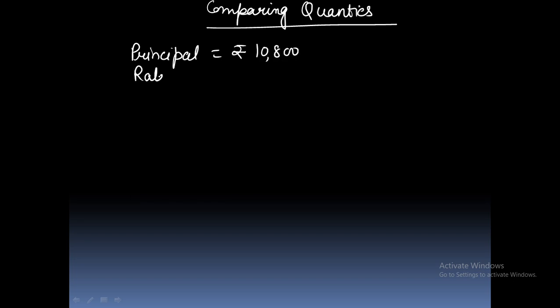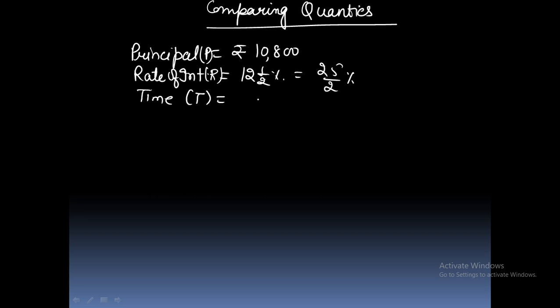Rate of interest is given 12 into 1 by 2%, that will be 25 by 2%, and it will be represented by R, and this will be represented by P, and time that will be represented by T, that is given 3 years. You have to find out amount and compound interest.